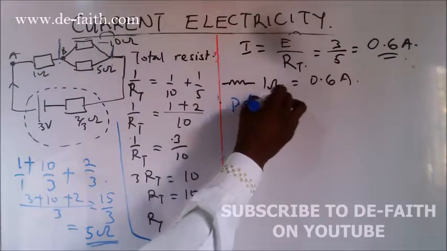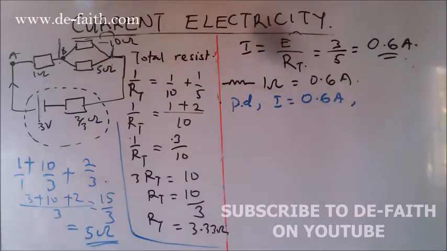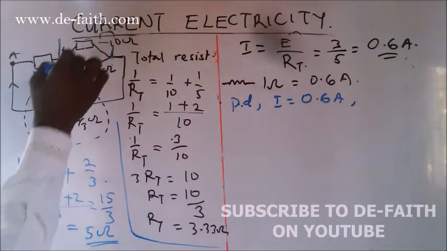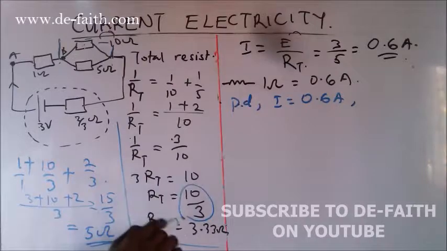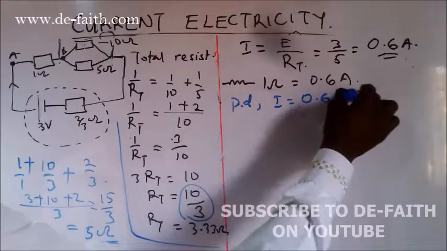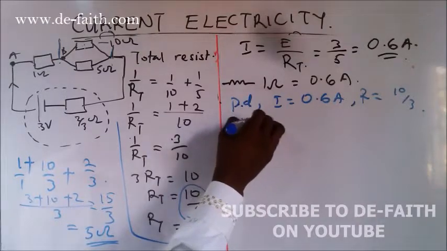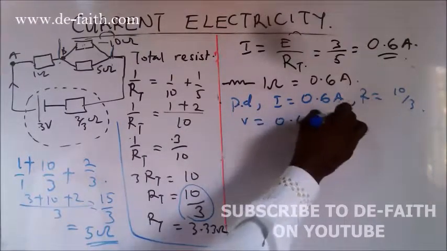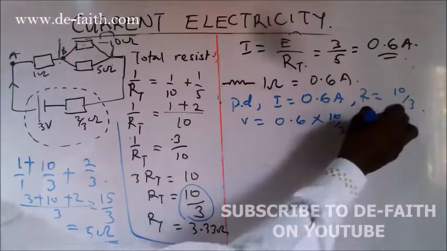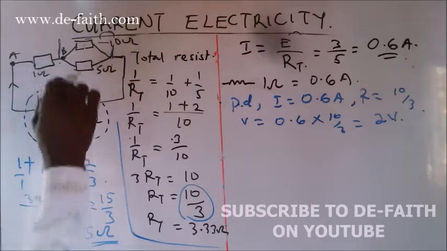We know the current flowing through it is 0.6 ampere, and for these two parallel resistors we have a total resistance of 10 over 3. So to get the potential difference, V is equal to 0.6 times 10 over 3, and that is 2 volts. It is 2 volts that is the potential difference.